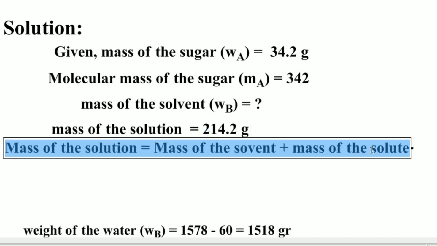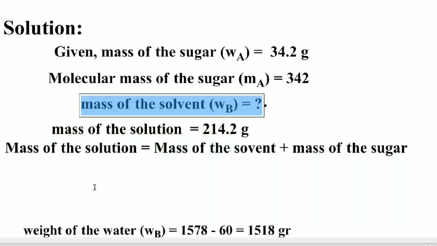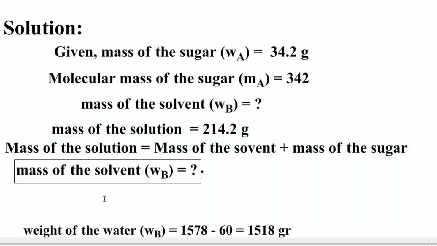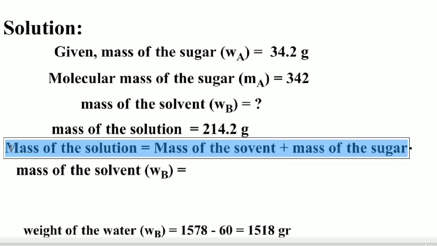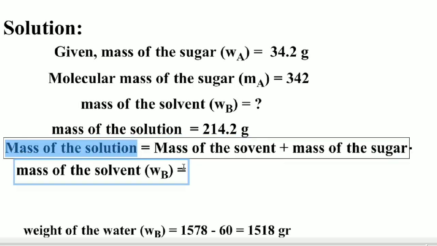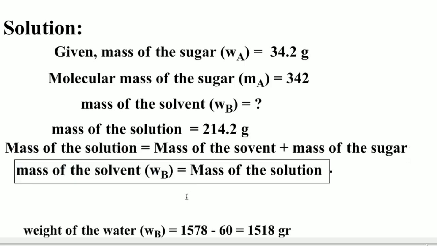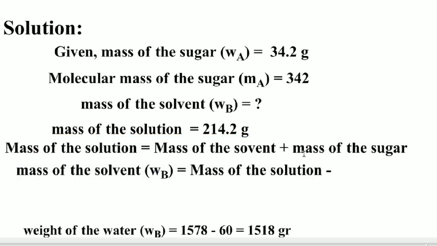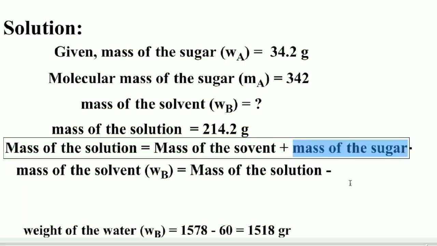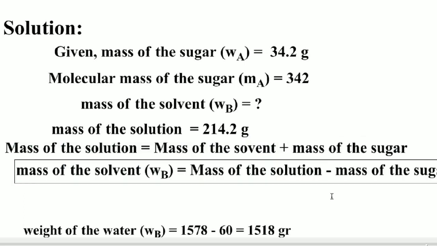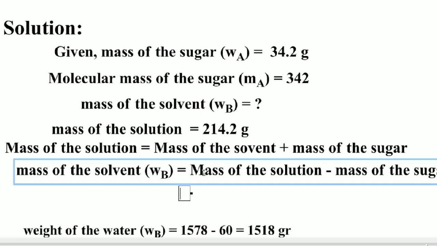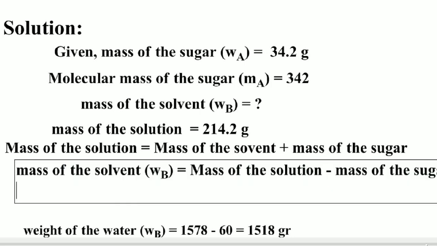Here the solute is sugar. Therefore, the mass of the solvent WB is equal to mass of the solution minus mass of the solute, that is sugar.